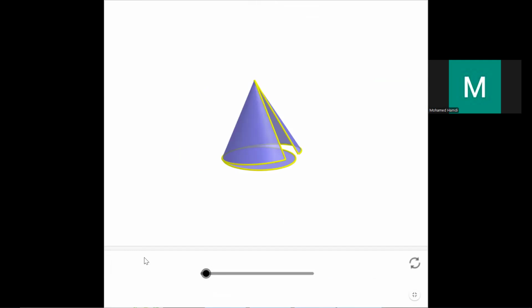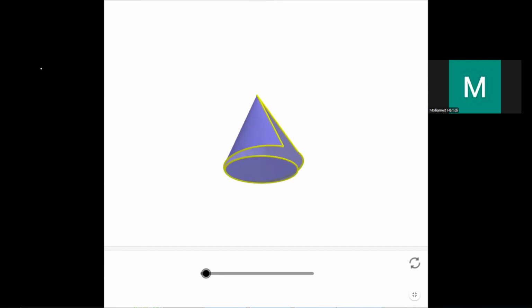The next shape is called the cone. The cone has only two faces, one flat and one curved. One circle, which is the flat face, and one curved.